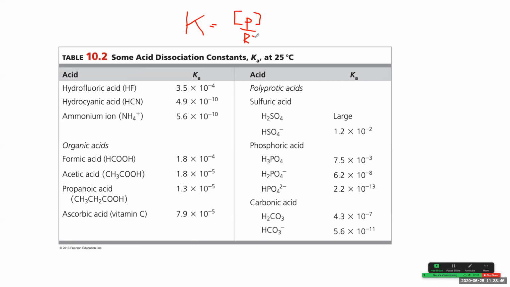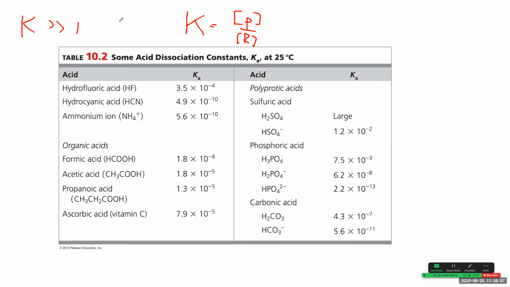And so in the case of a strong acid, I'll put strong over here. So for a strong acid, K is, I'm going to use much, much greater than 1. I think in the case of HCl, it's something like 10 to the 6th, 10 to the 7th.